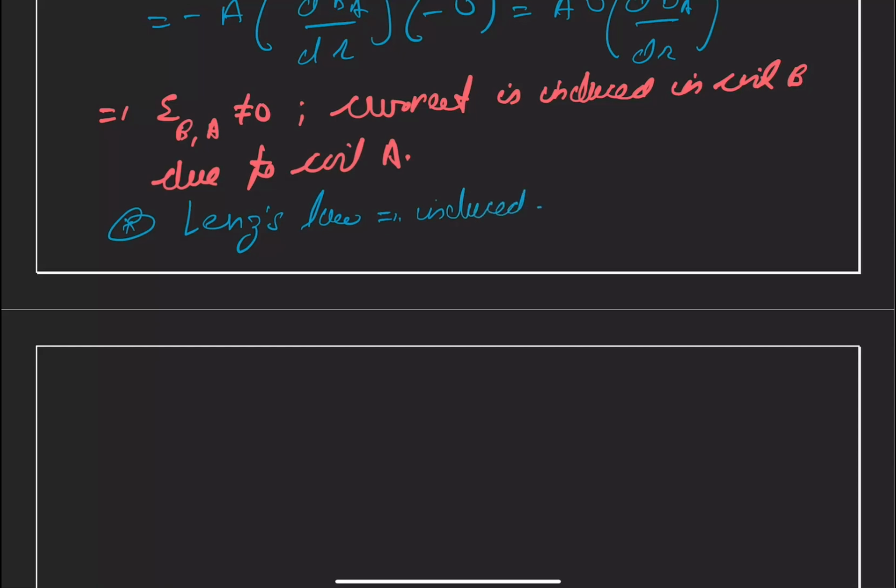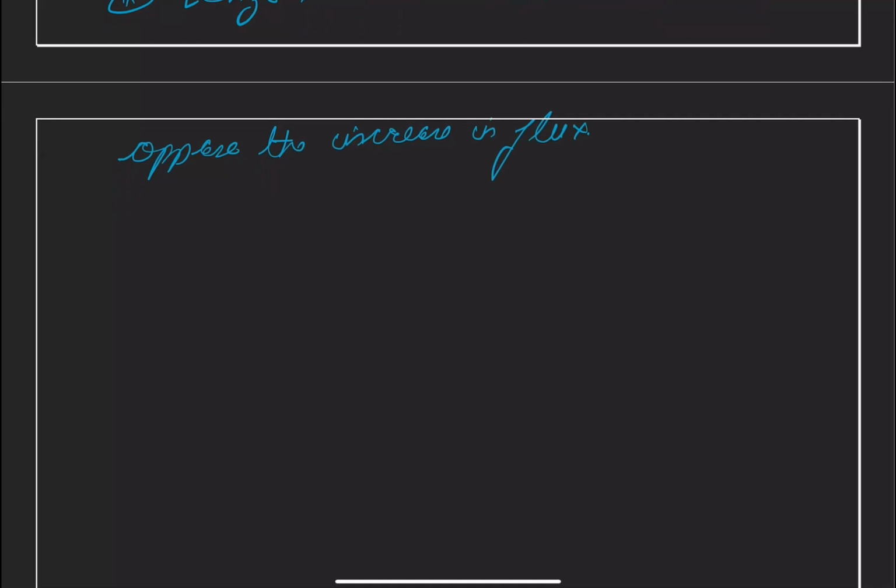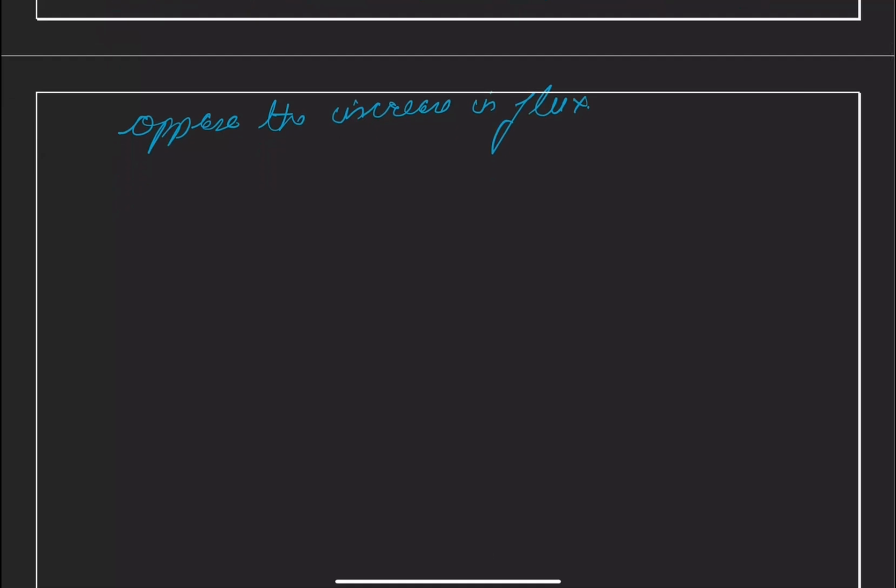Induced current must oppose the increase in flux. Therefore, the direction of current in A is clockwise.